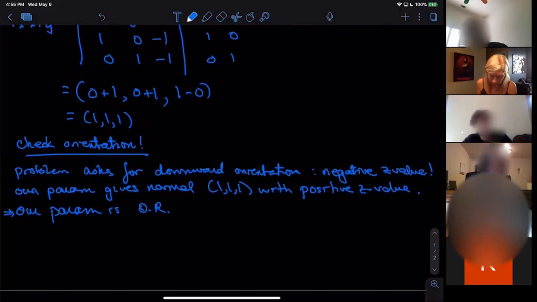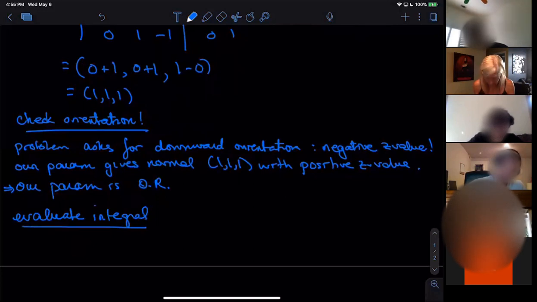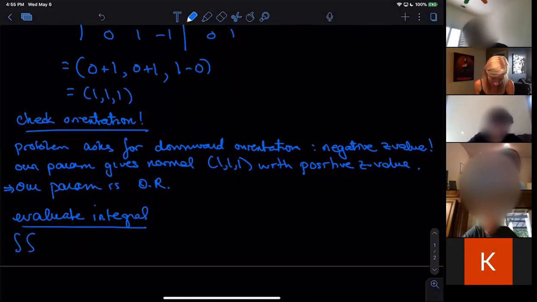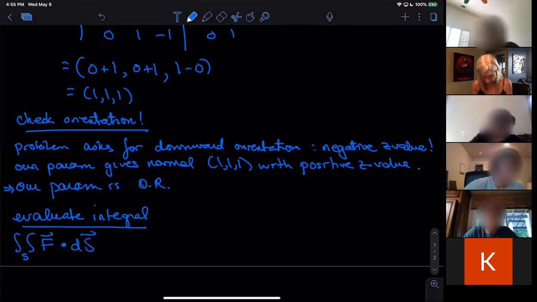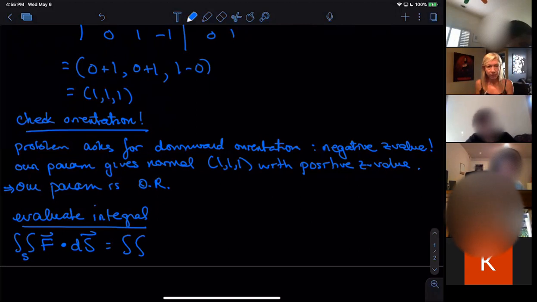Last thing, now we're in a position that we can evaluate the integral. We're going to do the double integral over the surface, vector field dot dS. The way we evaluate that is, everything has to be on the surface, so we care what happens at the parameterization. Everything has to be in terms of the parameters x and y.